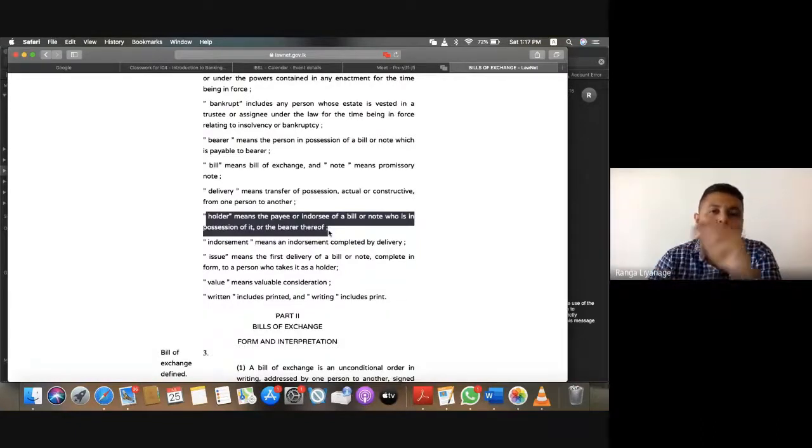Holder means the payee or endorsee of a bill or note who is in possession of it, or the bearer thereof. Any person in possession of a bearer bill is a holder of the bill. However, to be a holder of an order bill, the person in possession must either be the original payee, remember this, or the person to whom the bill has been endorsed.